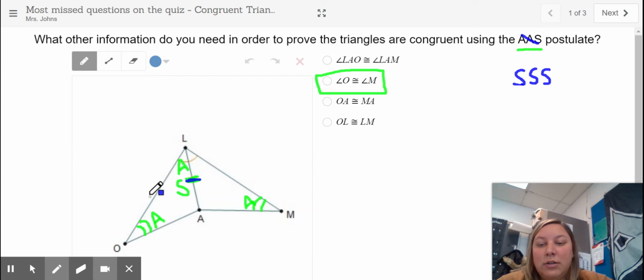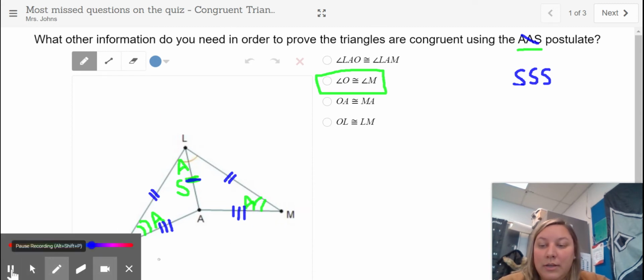Well, if you checked off OL is congruent to or equal to LM, and if you clicked OA is congruent to MA, then you got that correct.